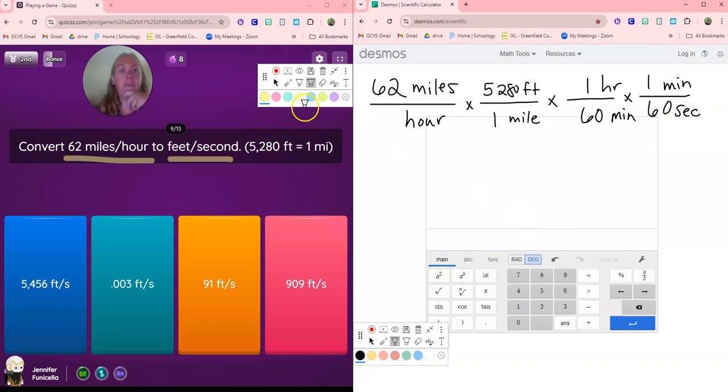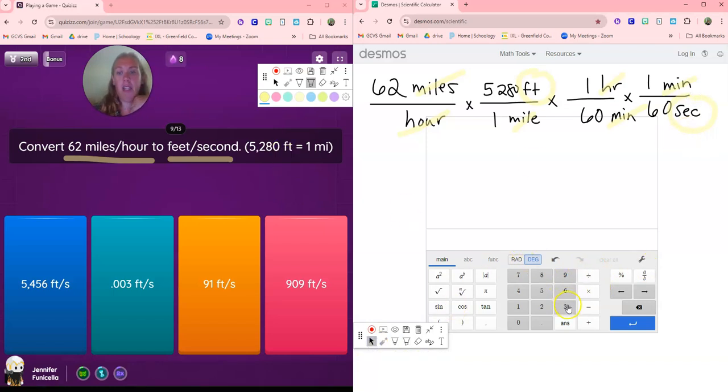Okay? So as you do this, notice miles are going to cancel. Hours are going to cancel. Minutes will cancel. And we'll be left with feet per second, which is what we want.